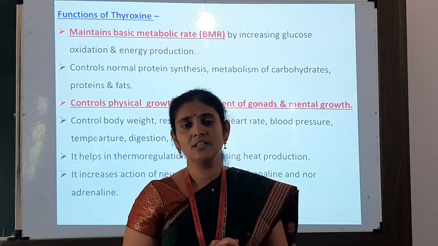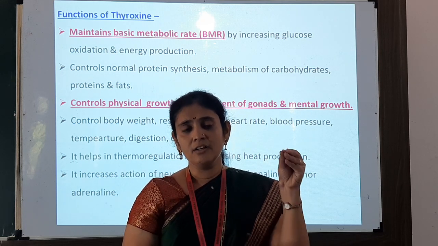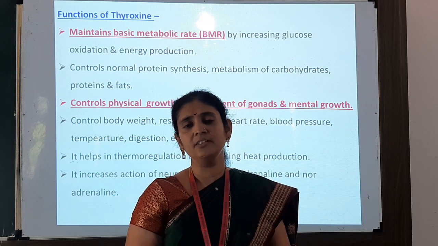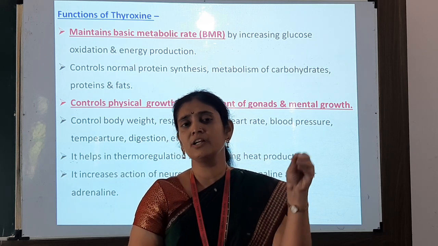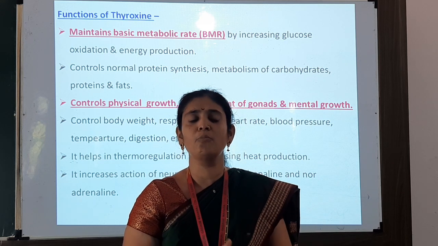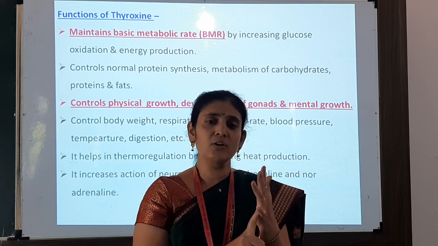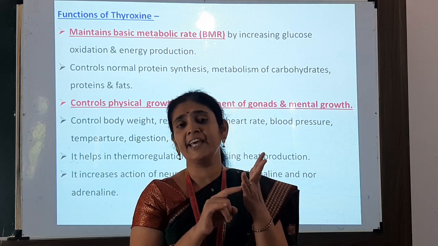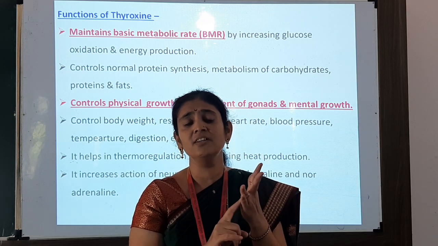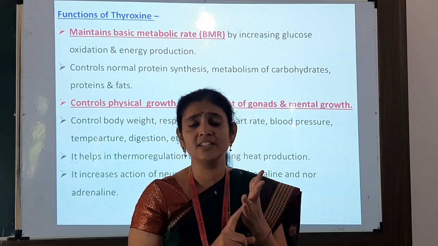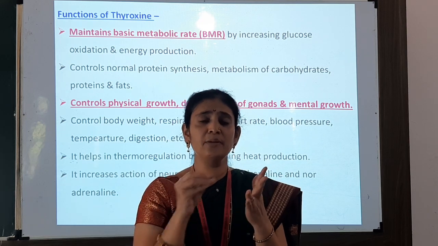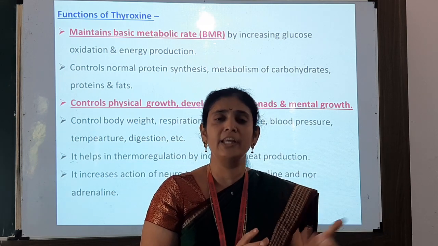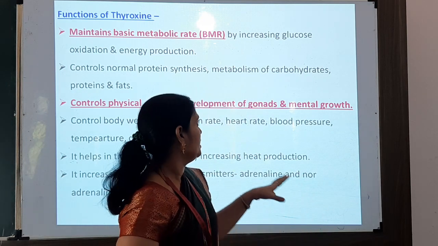Then the cell has glucose, and when we respire we take in oxygen, which is also transported to every cell of the body. So the cell has glucose and oxygen, and glucose oxidation takes place, which we can call cellular respiration. That means glucose is broken down and ATP molecules are formed.